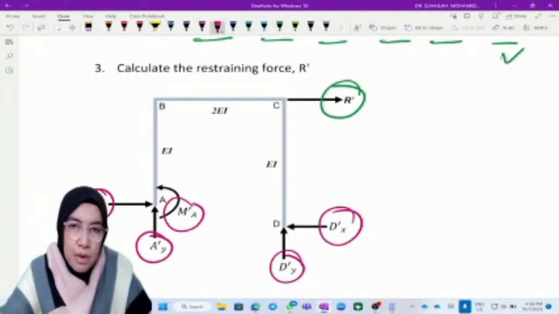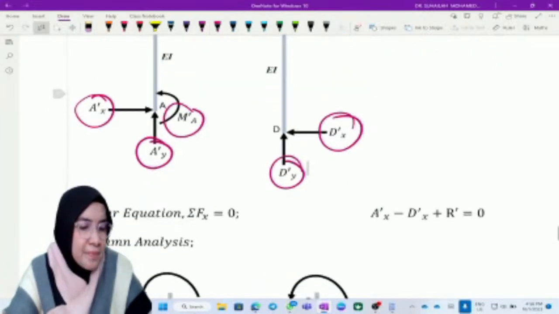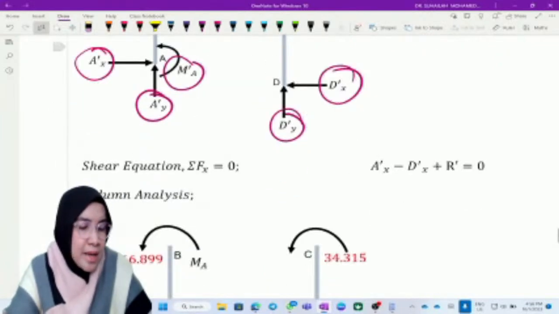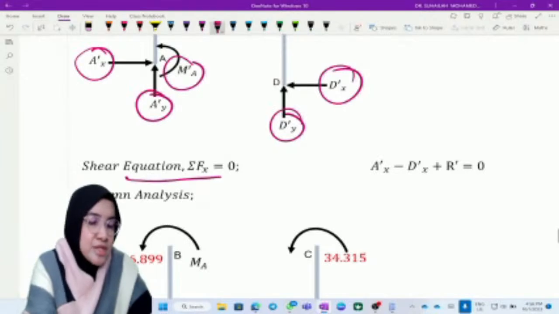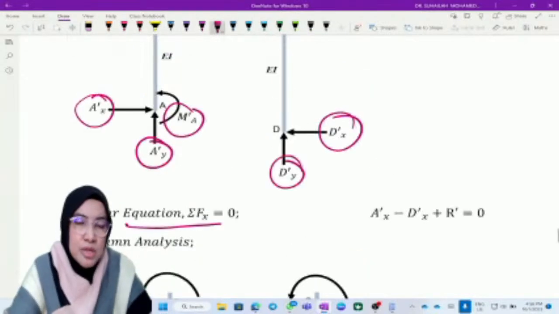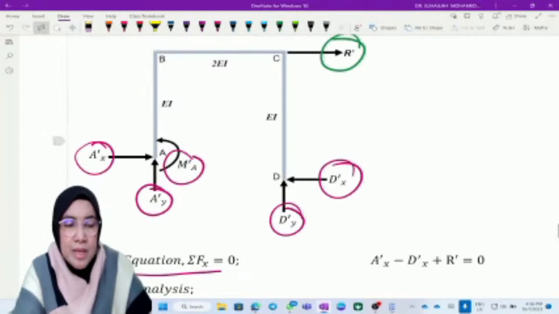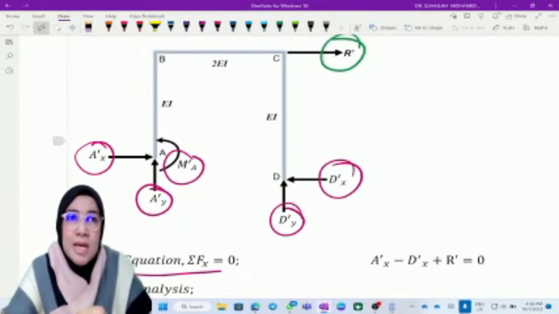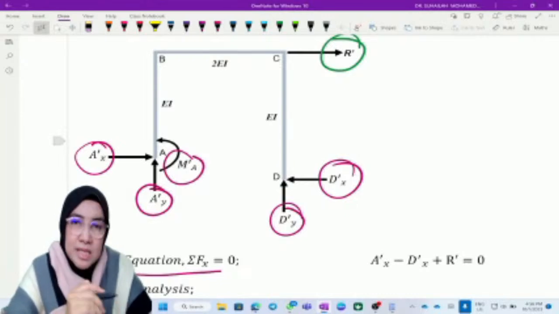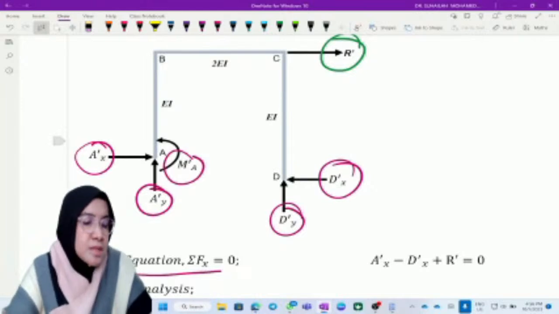Then we again write the shear equation, and this time the shear equation refers to this diagram. We don't use the same shear equation, we derive the shear equation from the free body diagram. So this is the sidesway frame, and we write the new shear equation.